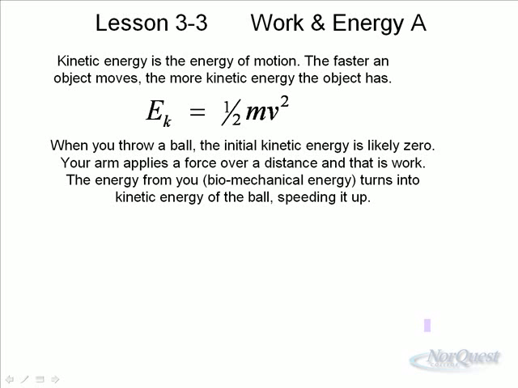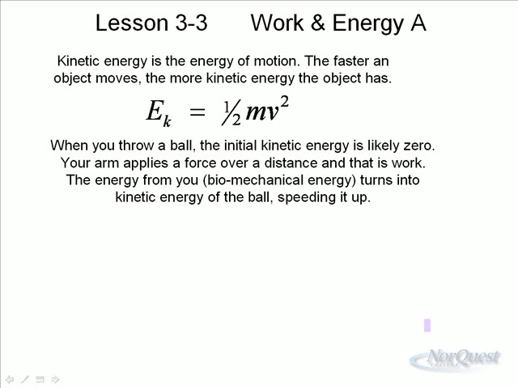And then you apply a force over a distance, and your arm does the work. And of course, force over a distance is work. The energy from you, sort of a biomechanical type of energy from the cornflakes you ate this morning, turns into kinetic energy of the ball and gives it more velocity.